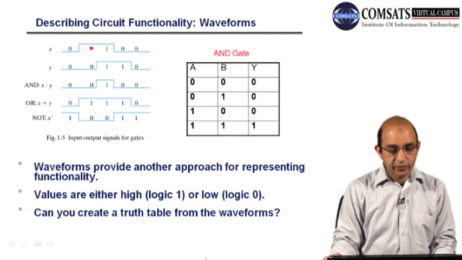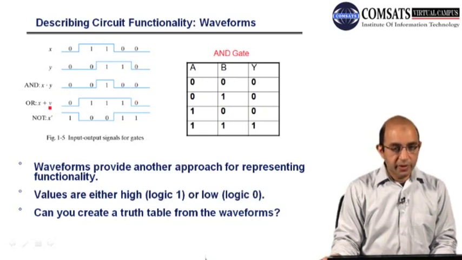Here we have 1, but the second input is 0, so we will have 0 because we are dealing with AND operation. And then over here you can see that we have both inputs high, so we will get the output high, 1, 1, 1. Then this is 0, and here we have 1, and we will get the 0, so 0, 0, 0.